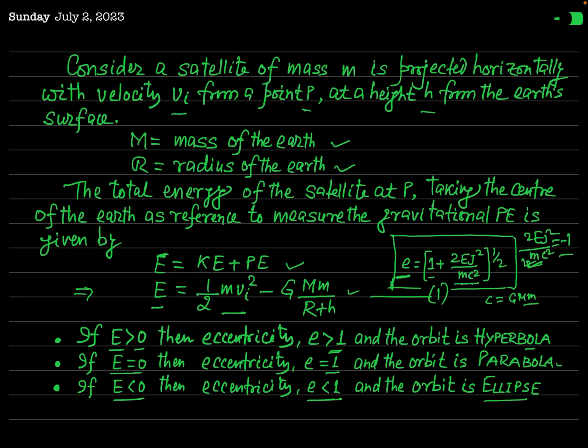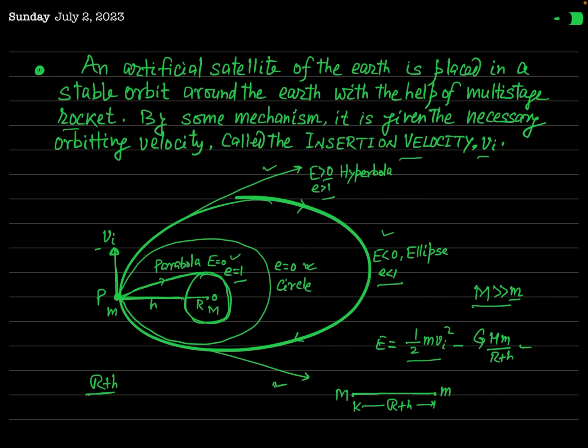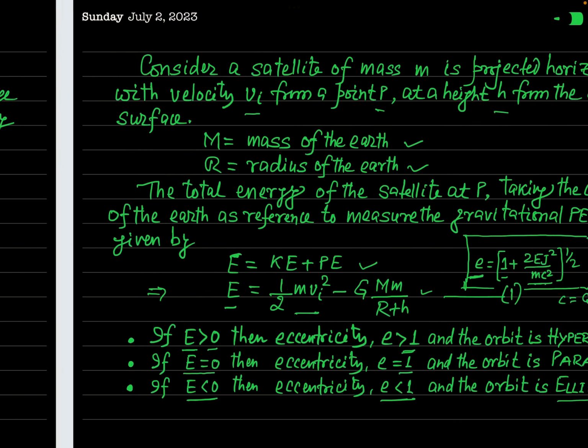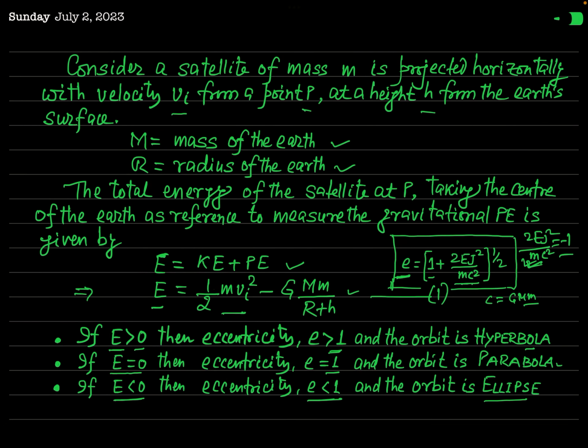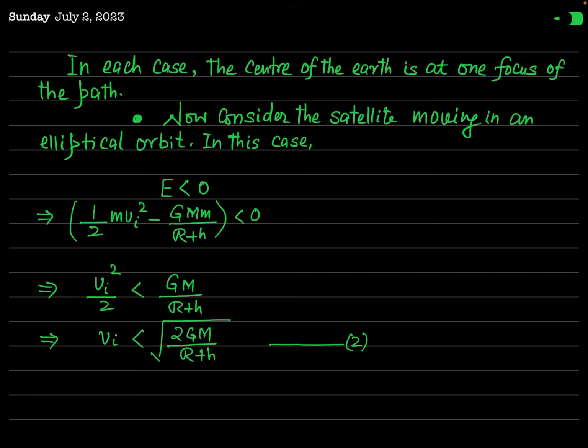In that condition, eccentricity will be 0, and for that particular value of energy, the orbit will be a circle. So we will discuss further only the elliptical orbit and the circular orbit of the satellite. Hyperbolic or parabolic orbits are not of practical interest. Although it may be possible, it is not done in practice.